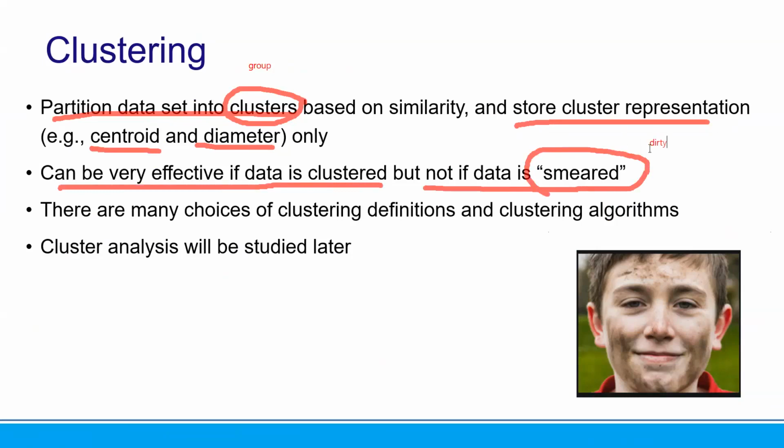For example, do you know face recognition? There is a technology for face recognition. If you look at this face, it is not a common face because there are many dirty areas. Like this one, dirty, dirty. So we cannot make a good cluster if the data is dirty.